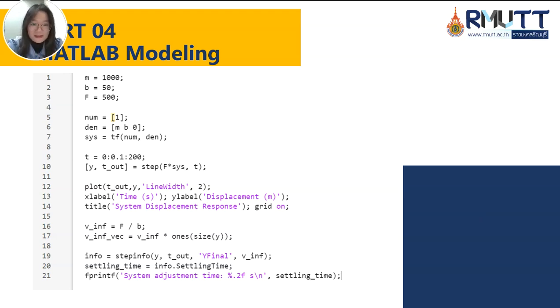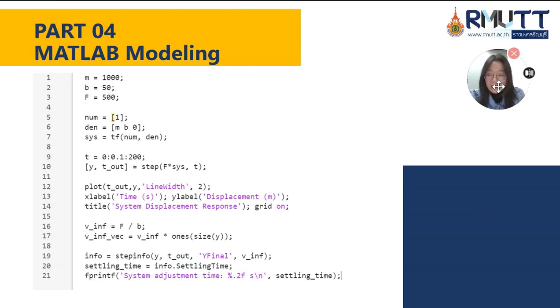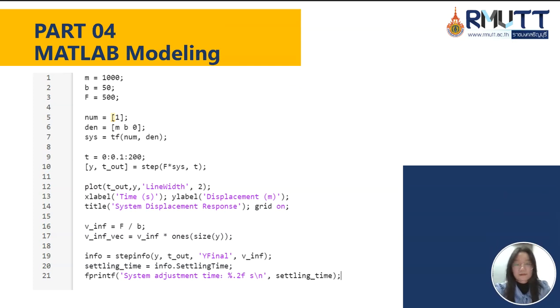And this is the part for the code. This is the part for MATLAB modeling. This code fully realizes the modeling and analysis of the spring damper system, from parameter definition and model construction to response calculation, curve plotting, and performance analysis.